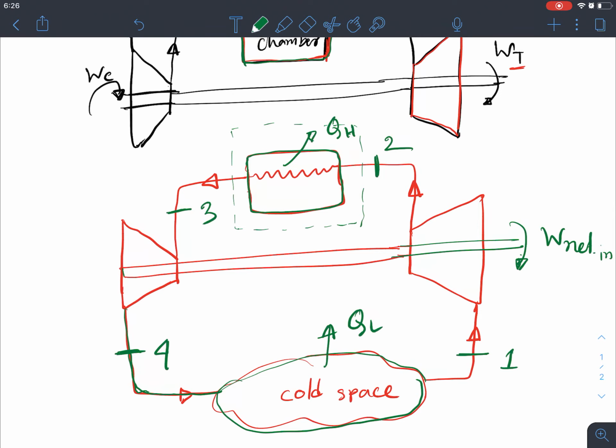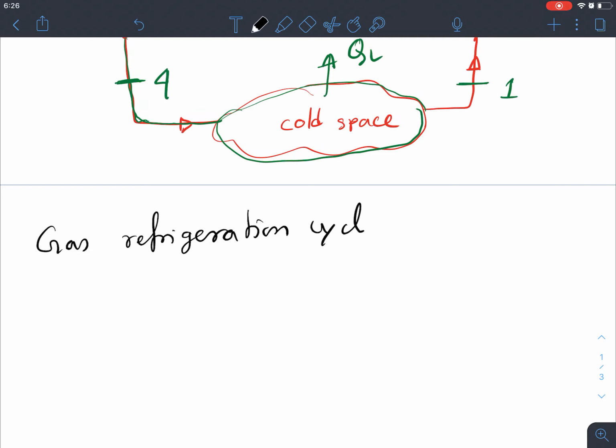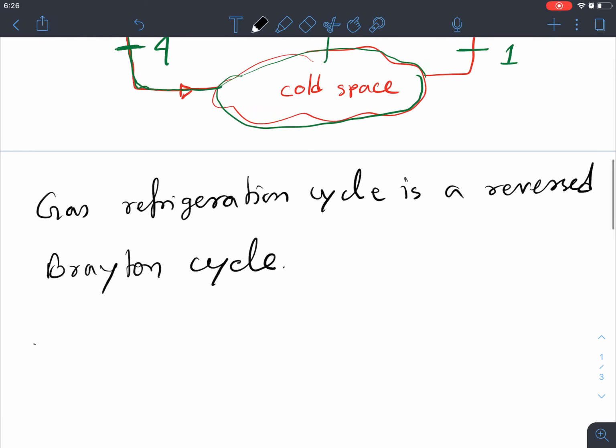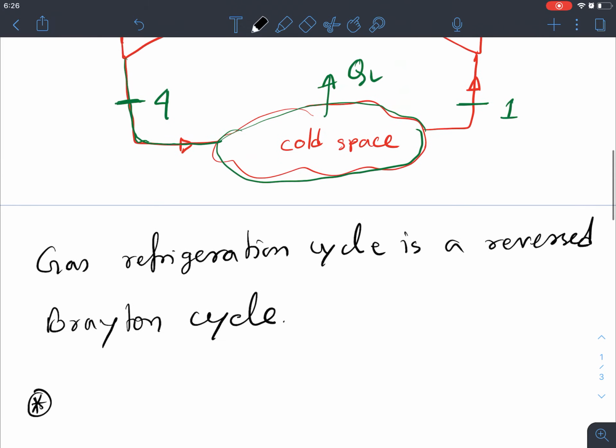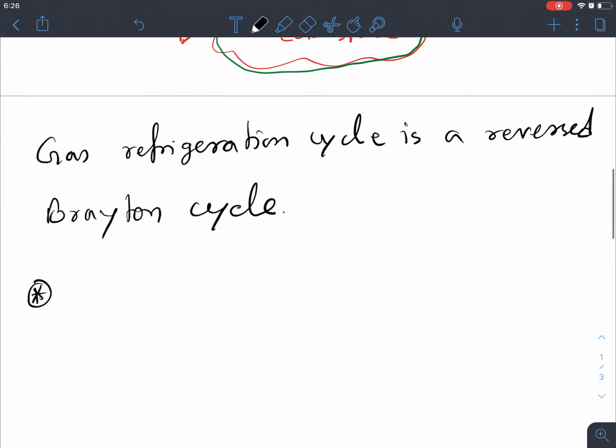So the gas refrigeration cycle is nothing but a reversed Brayton cycle, right? Now the question is, instead of the turbine, can we use a throttling valve, right?